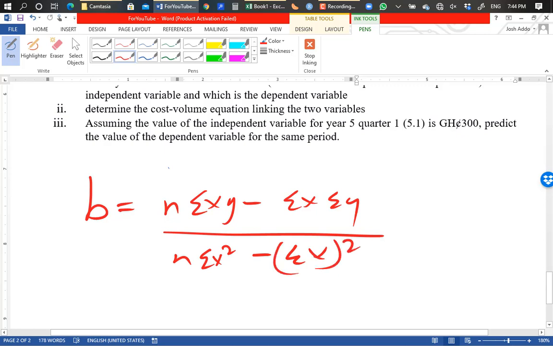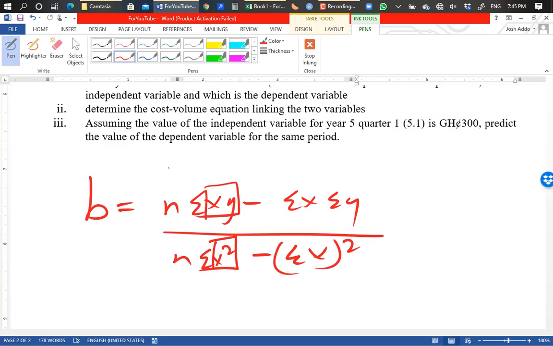Use this formula to determine the value of B. It's because of the nature of this formula that we need to set up a table to calculate xy and x squared. We already have the x and y. Then we can have all the values that fit this formula for us to determine the value of b.